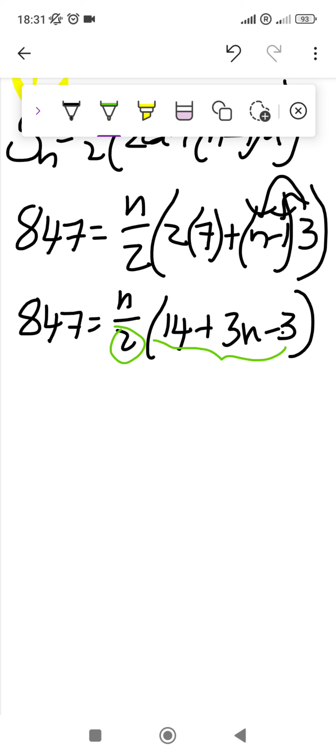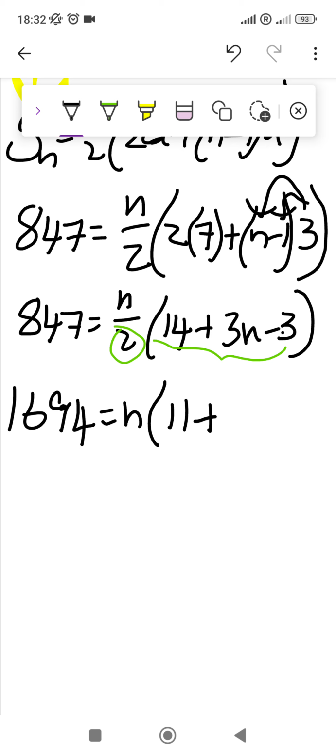To get rid of that 2, we are going to multiply both sides with 2. So our 847, we're multiplying that with 2, and that gives us 1694. Right, so on the right hand side, the denominator is gone. We have the 14 minus 3, that's going to give us 11 plus our 3n.